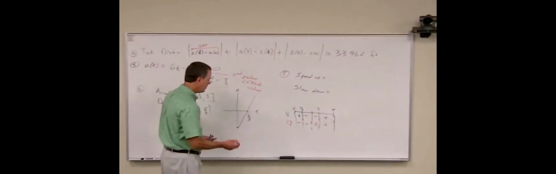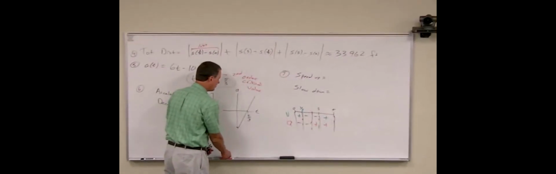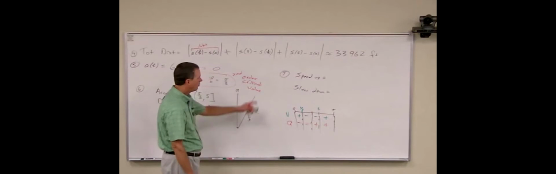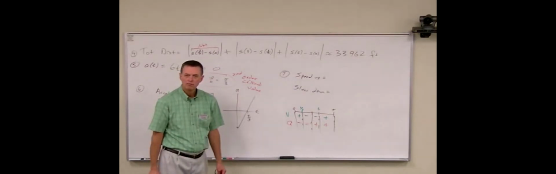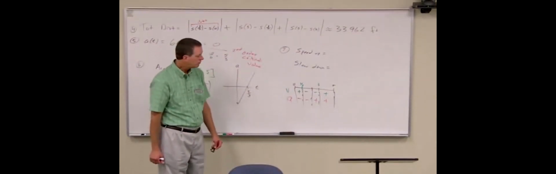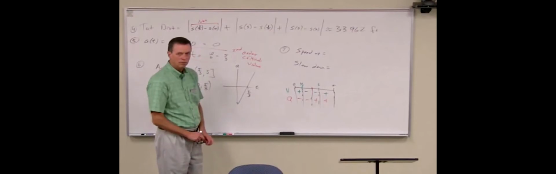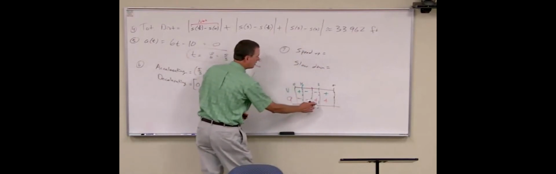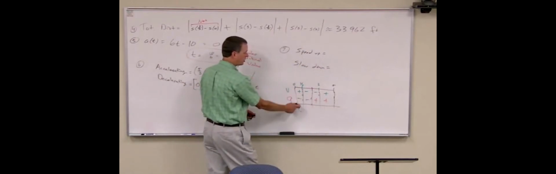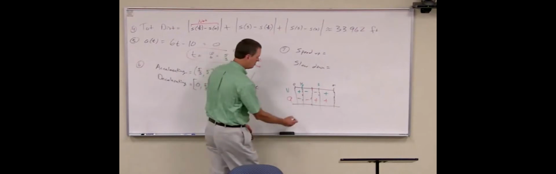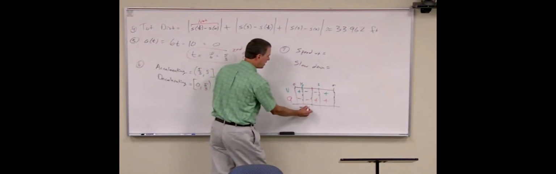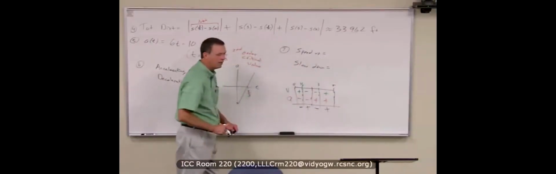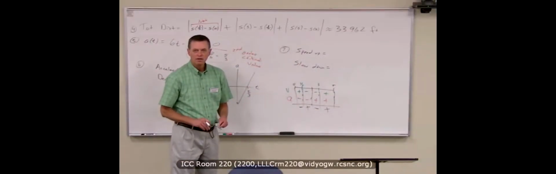So from there now you can easily determine speed up and slow down. Product of these two, let's put the product down. That helps too. So what's the product of those two signs? Velocity times acceleration. Negative. That one's positive. This one's negative. That one's positive. So now I can get my speed up and slow down fairly.